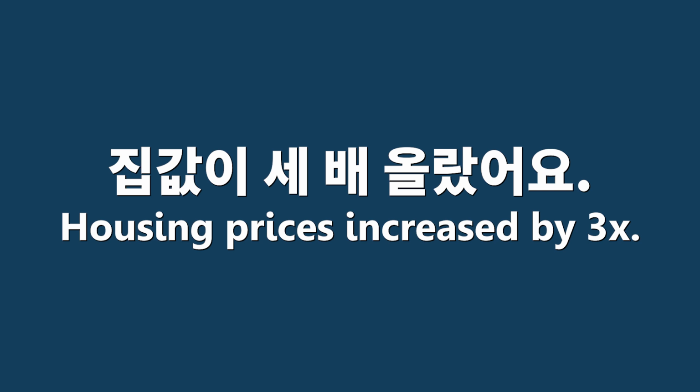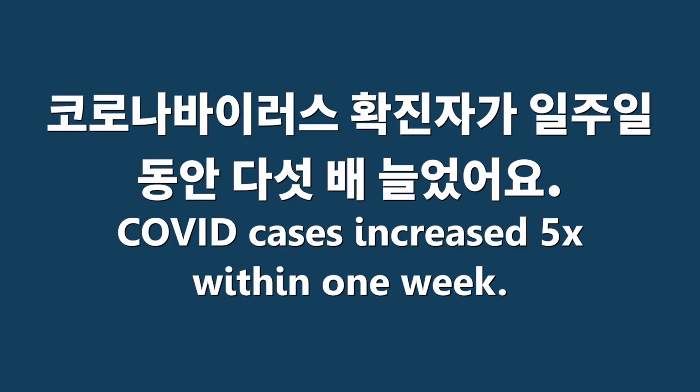Housing prices increased threefold. Is it threefold or trifold? Threefold? But anyway, you get what I mean. 3 times. Or something I see in the news a lot. 코로나 바이러스 확진자가 일주일 동안 5배 늘었어요. The number of coronavirus cases increased 5 times this week. Something like that. So when you want to say times in this situation, you use 배 instead of 곱하기.